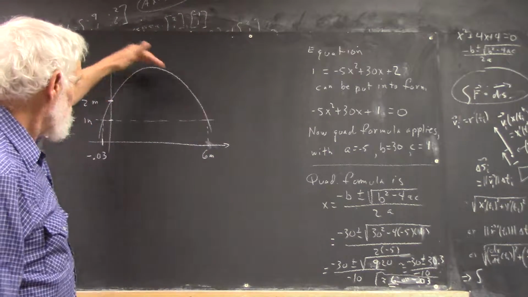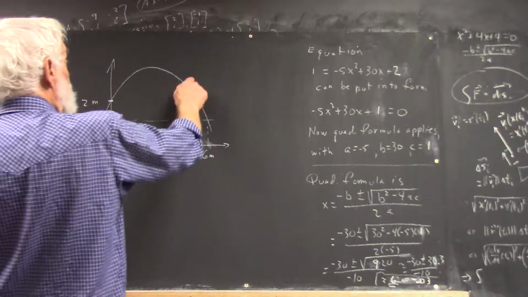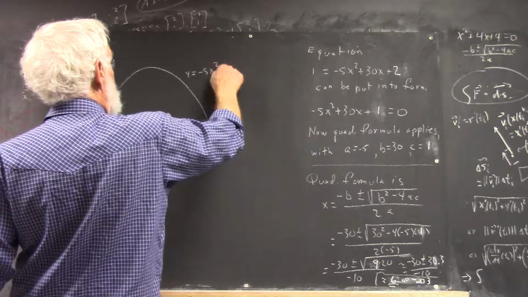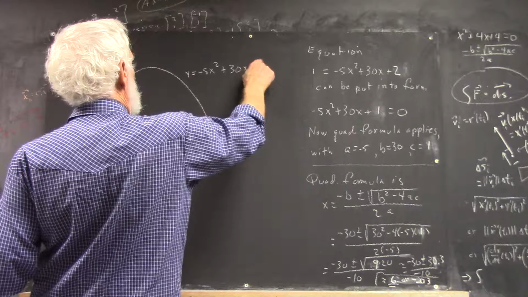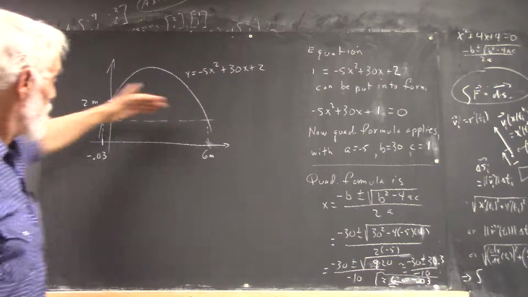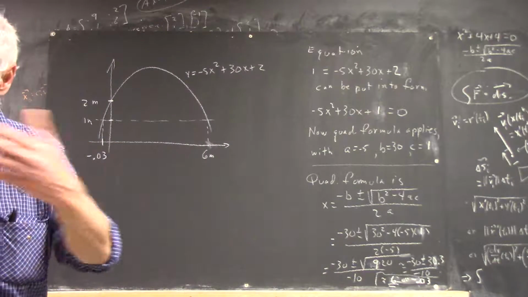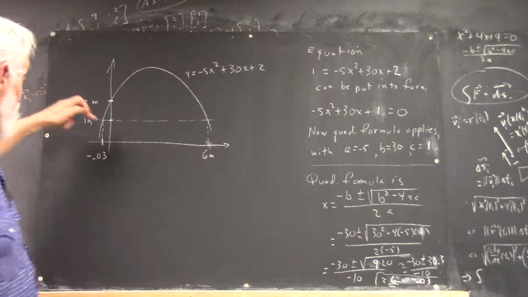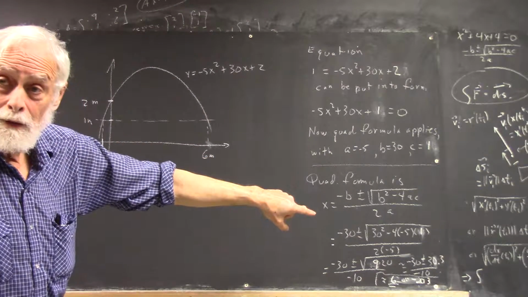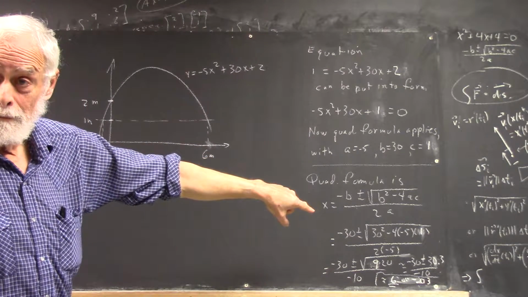Now, you understand what we're saying. Here's the trajectory. And here's the picture, and it's a familiar picture if you've done the problems, where we have a y value and we want to find the x values. But we're doing it with a quadratic formula.